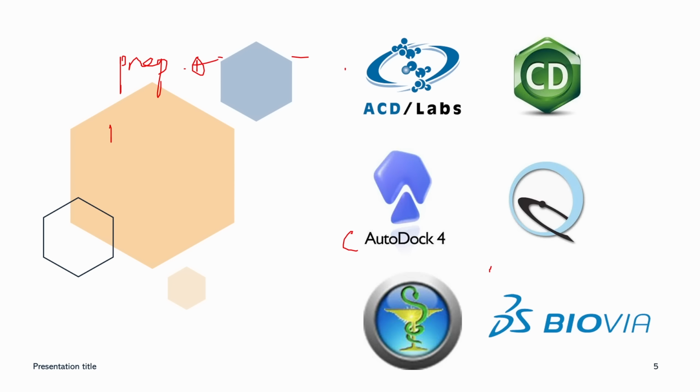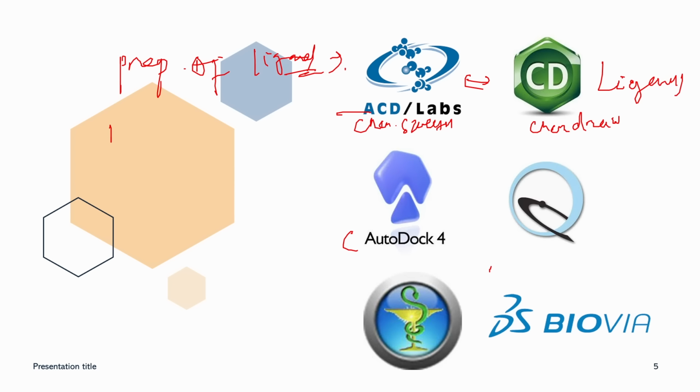To prepare the ligand molecule, we have two tools: ChemSketch and ChemDraw. These two tools are freeware versions, and they are used for the preparation of the ligand molecule.